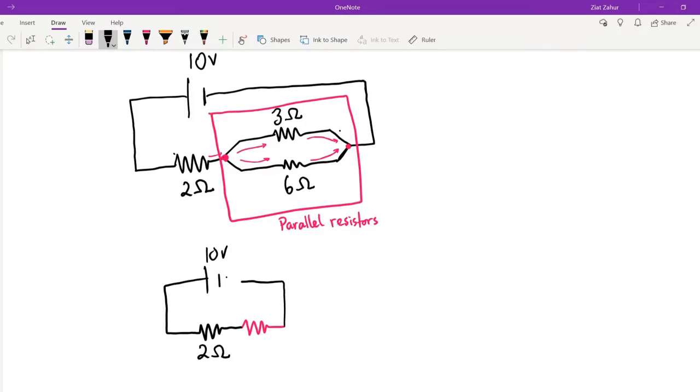Now we don't add them. Chat, what is the combined value of 3 and 6 in parallel? If we label this R1, R2, R3, what we're doing is combining R2 and R3. So what is R23 equal to?